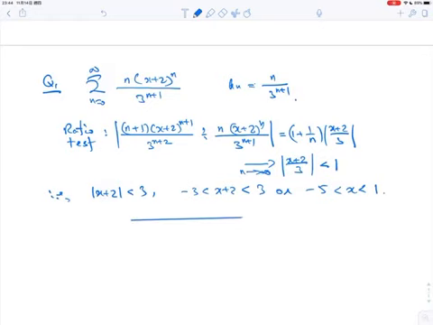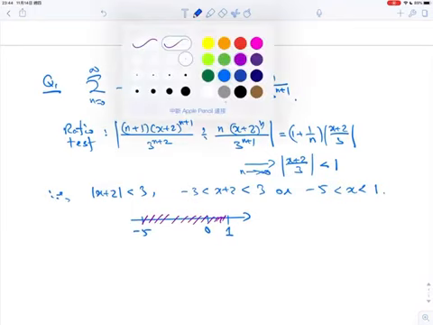So then we see immediately the interval of convergence, at least, is going to include minus 5, and that would be 0, and that would be 1. So then it would be every point between minus 5 and 1. So this is going to be the interval of convergence, but the endpoint is a different story.